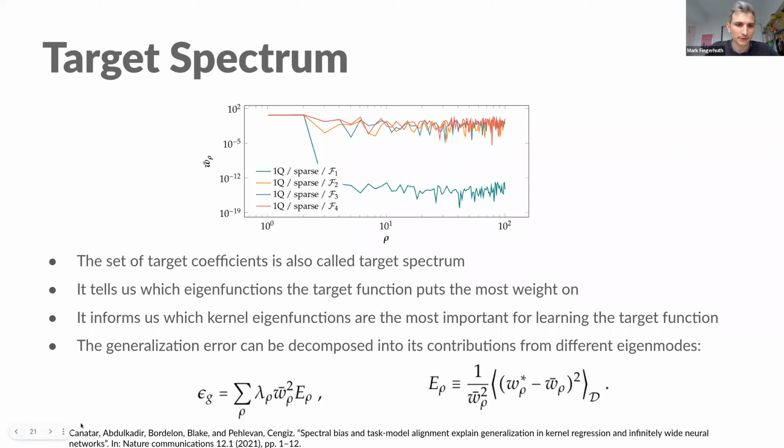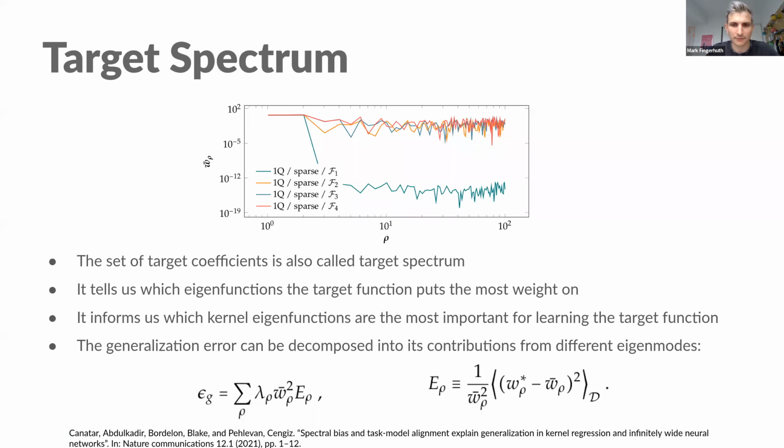In this paper that we've relied on quite a lot by Canatar et al., they decompose the generalization error into a sum of mode-specific errors. So it can tell you, for a specific eigenmode, what is the training error associated with this eigenmode. By decomposing the generalization error in this way, we can reason about the alignment between the eigenmodes and the target function in isolation.